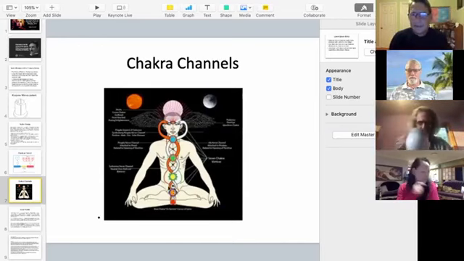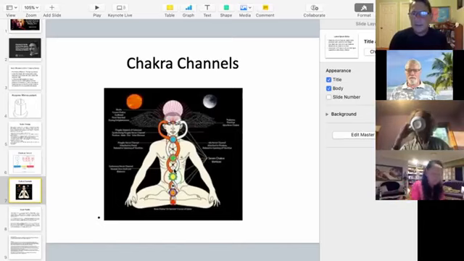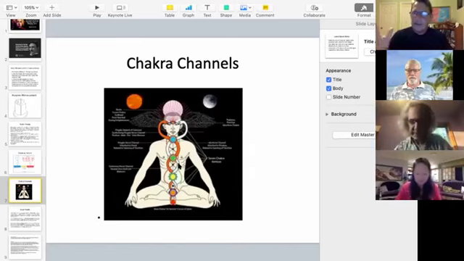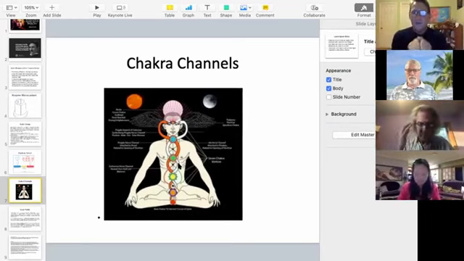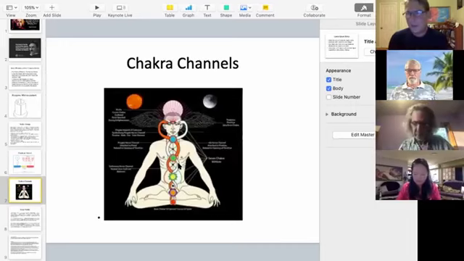These channels represent the antinode of the wave, which cancels each other out and therefore creates a scalar wave. So this is how the body generates scalar waves. We have an energetic system built in that creates scalar waves.